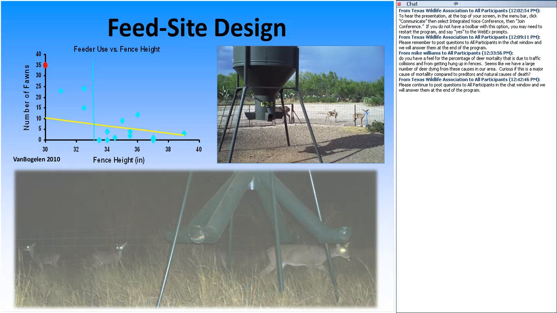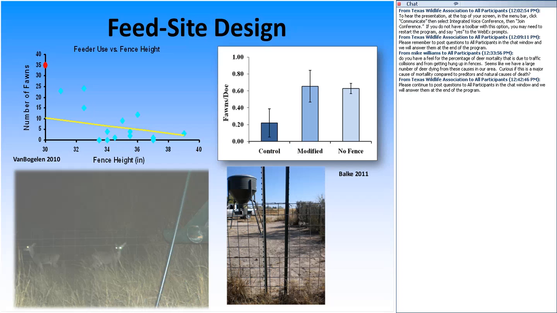There's one data point up here in the upper left at 35 on the y-axis there. That 35 represents the number of pictures of fawns that was at a feed site that did not have a fence. And so this is some evidence that, yeah, these fences are probably keeping these fawns, particularly in the early part of the winter, maybe when they're in the process of being weaned, from getting access to that supplemental feed.